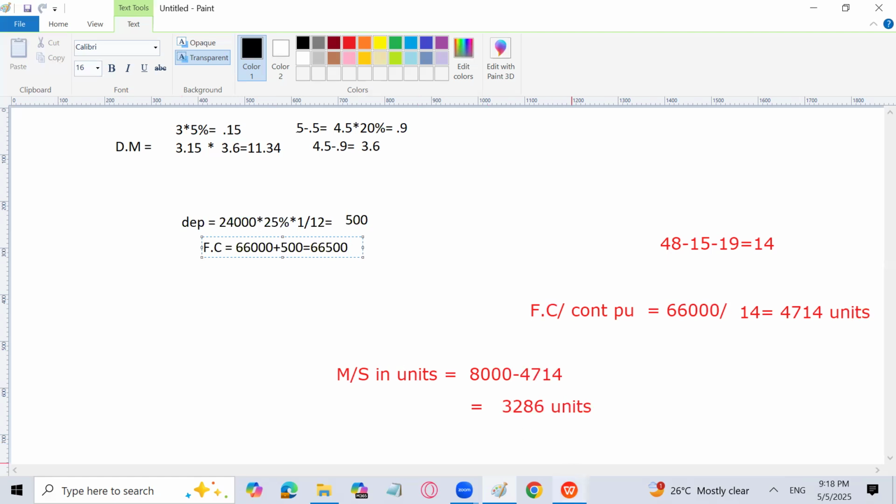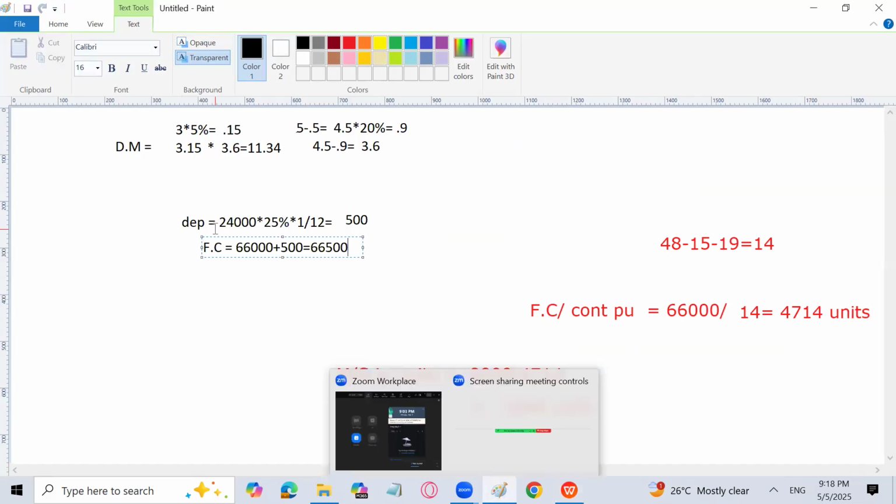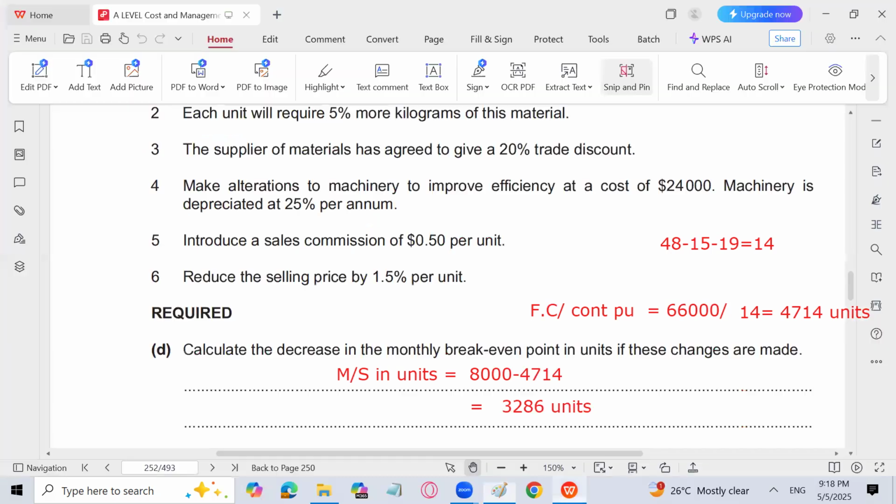Okay, right? Reduce the selling price by 1.5% per unit. So let's calculate. Now, the selling price was 48, and the selling price will reduce by 1.5%.